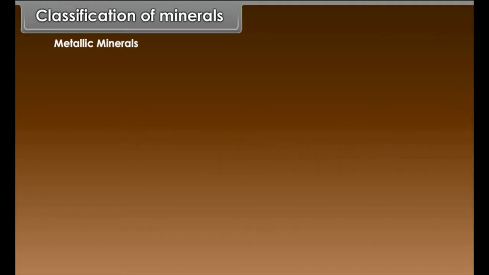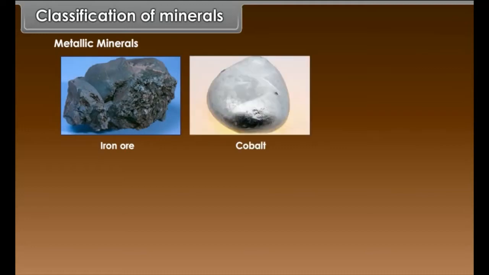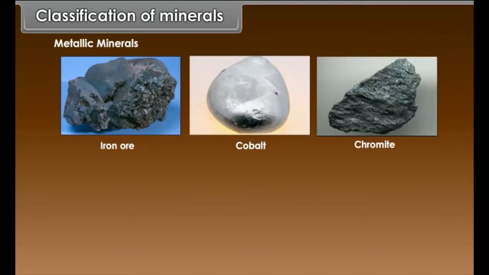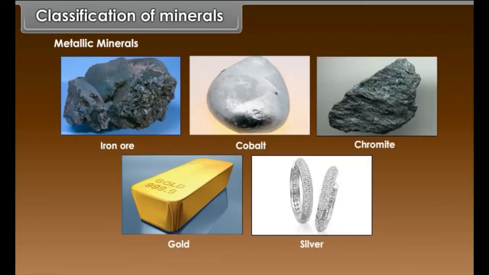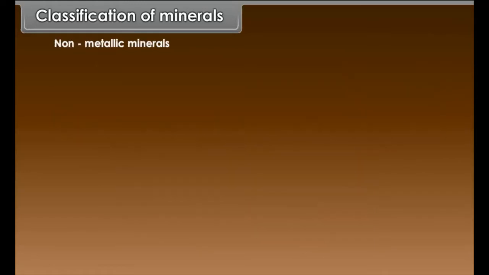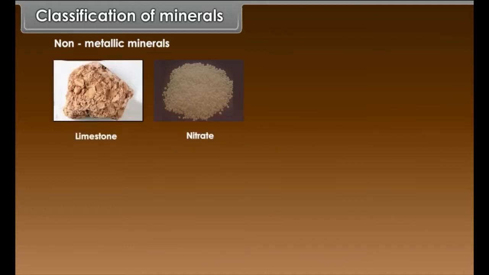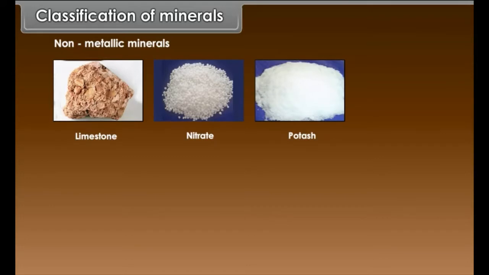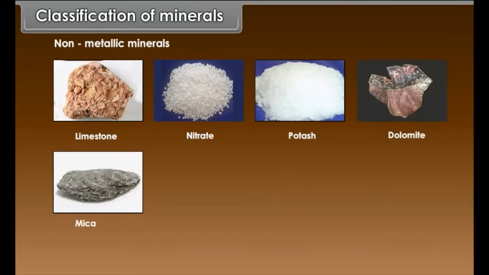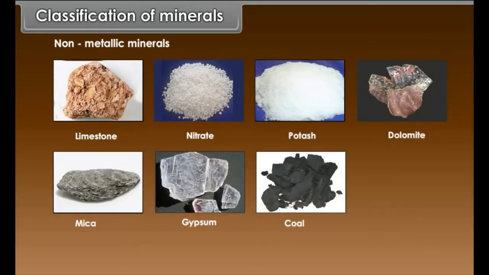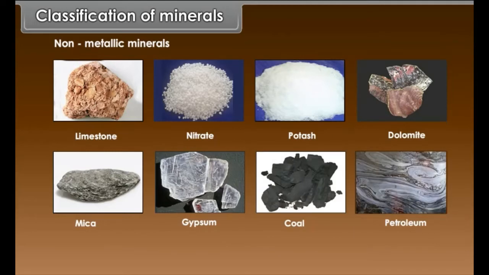Example, iron ore, cobalt, chromite, gold, silver, etc. Non-metallic minerals are those minerals which do not have metals. Example, limestone, nitrate, potash, dolomite, mica, gypsum, coal, petroleum, etc.